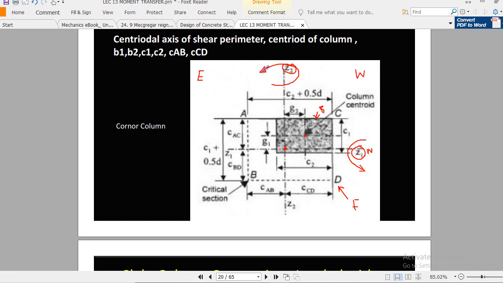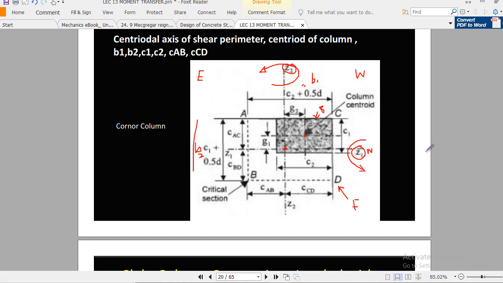this is the moment, so you already know that B1 is the side which is perpendicular to the moment axis. So in that case, basically this side will be your B1 and this side will be your B2, right?